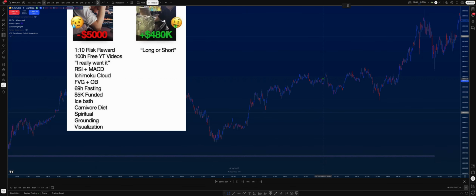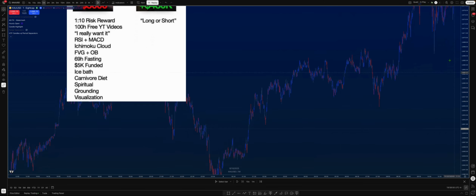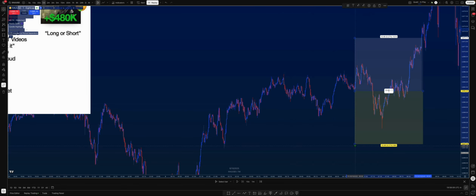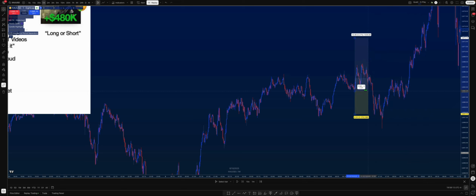This is an IFVG first stage, second stage entry technique with an order block and reversed 69 bathtub entry, and then you're trying to zoom in and go, okay, now I need to find my entry. You buy at the impulse low, and if it goes down there, then it's probably a short, but if it doesn't, then it's probably a long. And so I'm going to get in here, and then I'm going to target 5R.